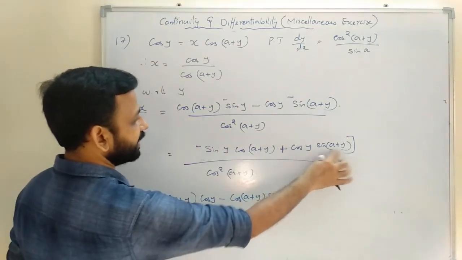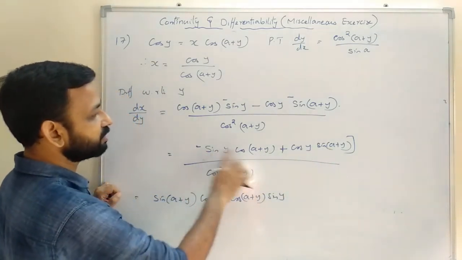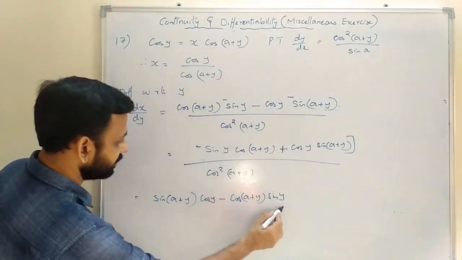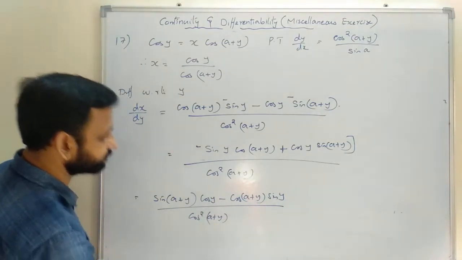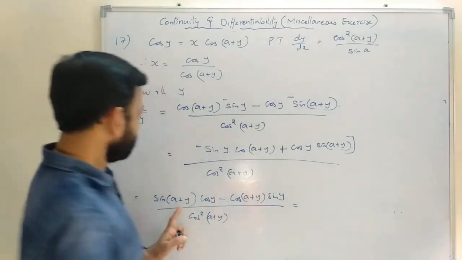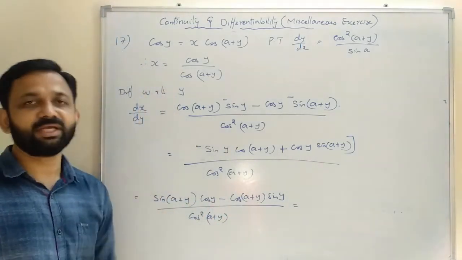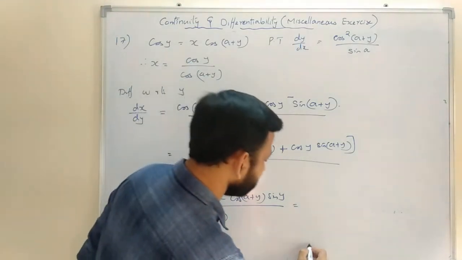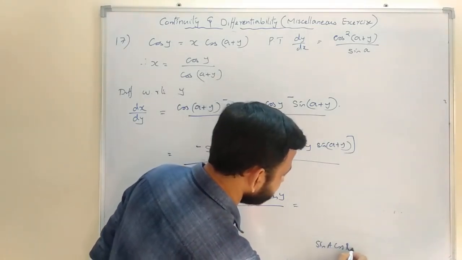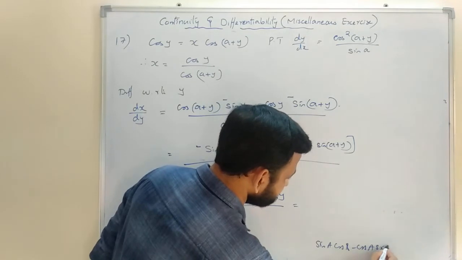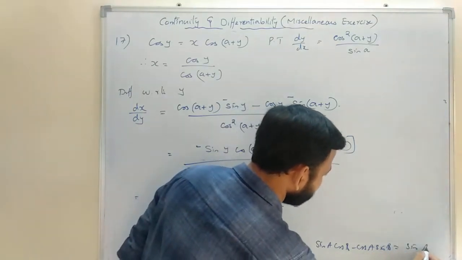Same expression, sin(a + y) cos y minus cos(a + y) sin y divided by cos square (a + y). That is equal to sin a cos b minus cos a sin b. So formula: sin a cos b minus cos a sin b is equal to sin(a minus b).